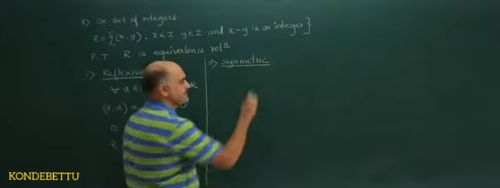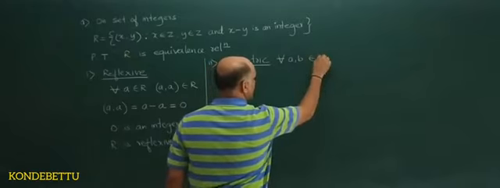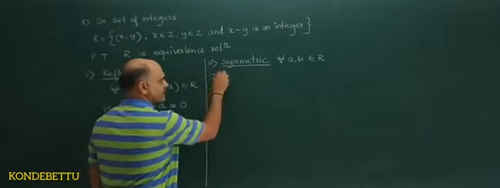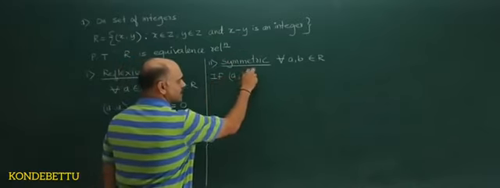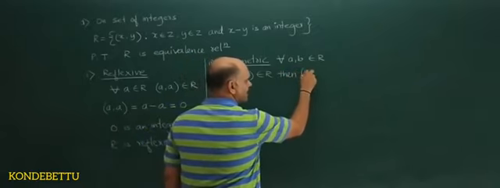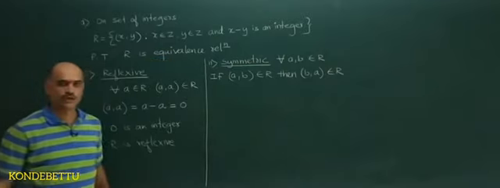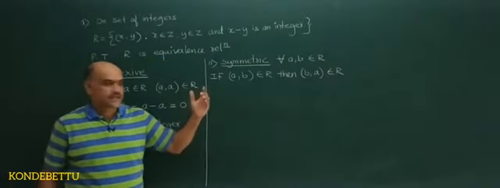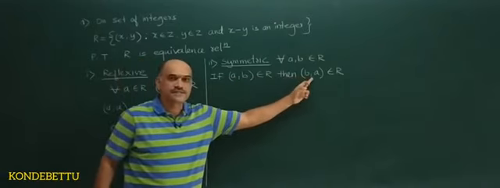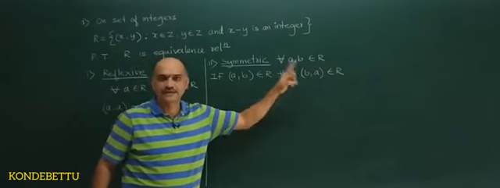The symmetric definition is, for all values of a comma b belonging to R, if a comma b belongs to R, then b comma a should belong to R. Here, he has given this, and you are required to prove this is true. Meaning if this is an integer, then this is also an integer.